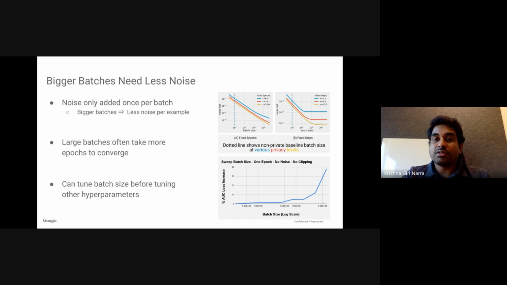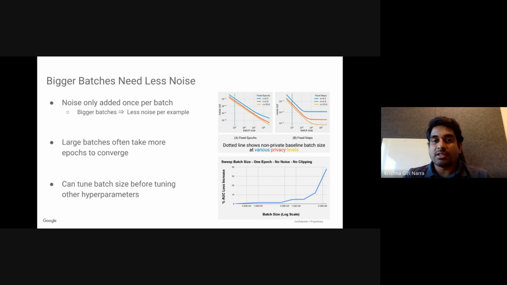However, this is when we fix the number of epochs during training. In practice, as we increase the batch size, models take longer epochs to converge. So instead of fixing the epochs, we fix the number of steps and repeat the same experiments. Here we see that the benefits of increasing batch size on noise actually plateau after reaching high batch sizes.